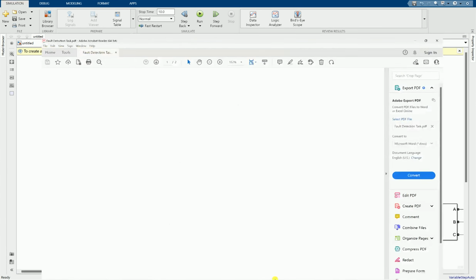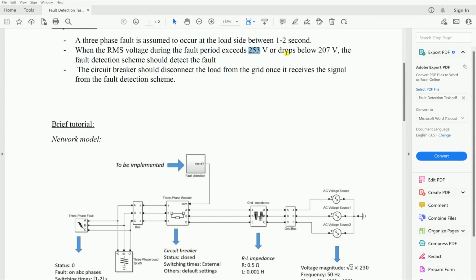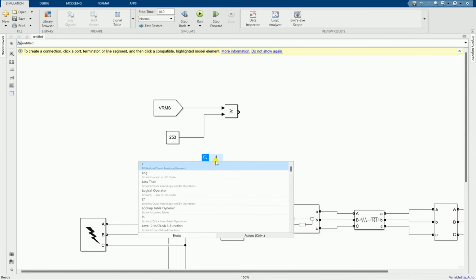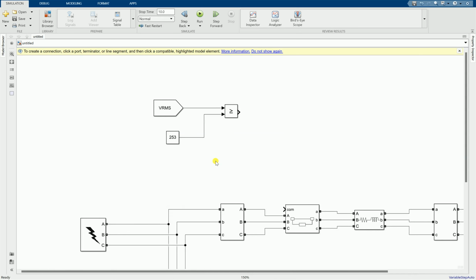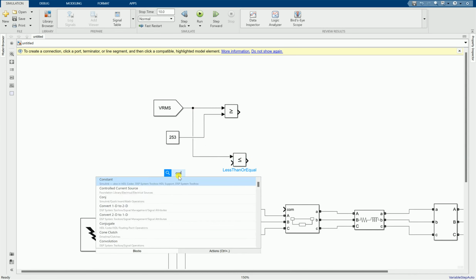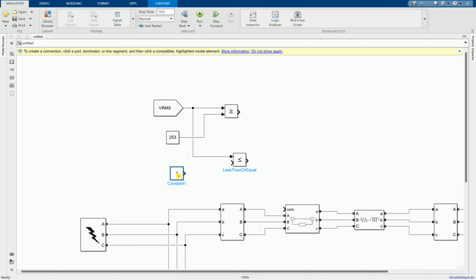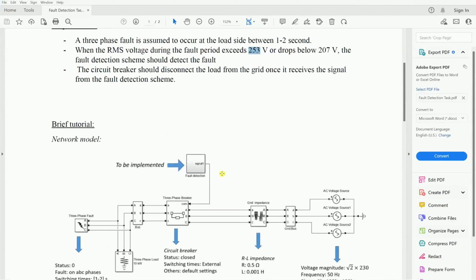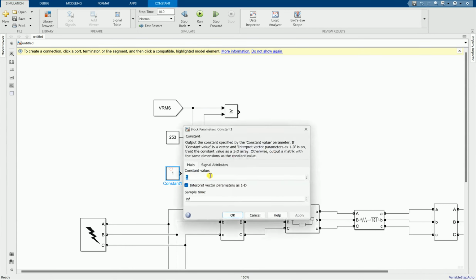Then the second condition: drops below 207, less than or equal. So if the root mean square drops below 207, use a constant of 207.